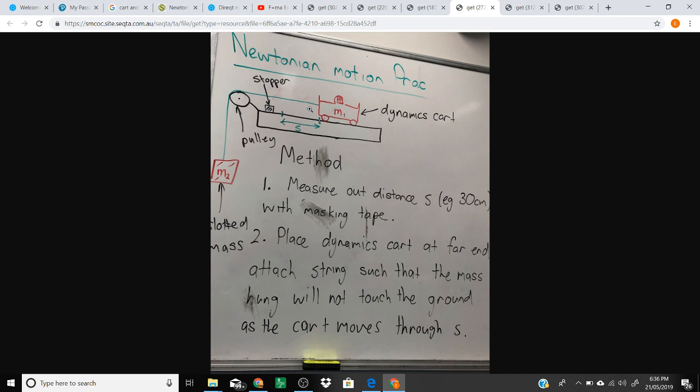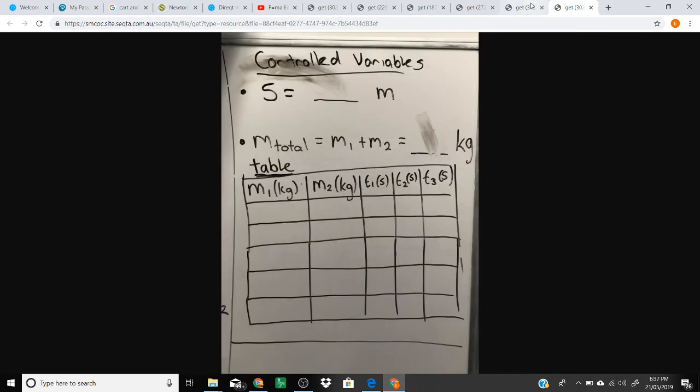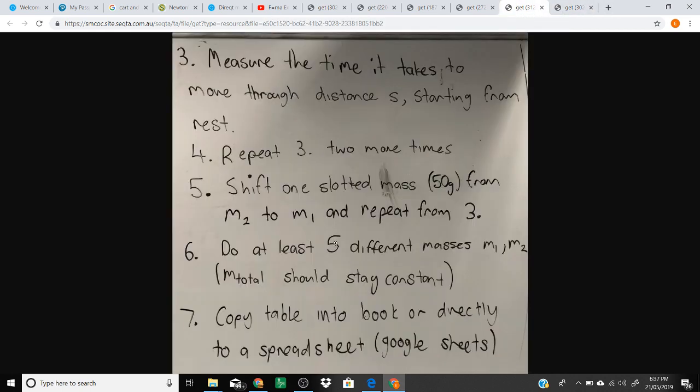So you would have a total of 1 kilogram for the total mass. So 600, 400, 650, 350, 700, 300. But in all cases, the total sum of the mass was 1 kilogram. You don't have to do it that way, but you need to pick a constant for that.